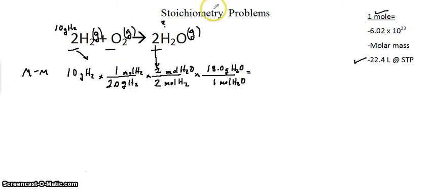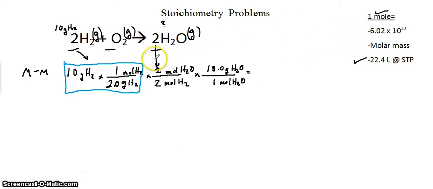So what I've done, and let me kind of color code this a little bit for you. This first part here is simply the process of taking whatever I'm given and turning it into moles by dividing it by whatever conversion unit I have over here.